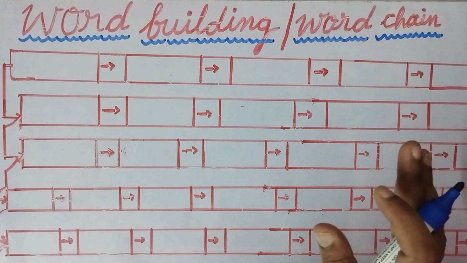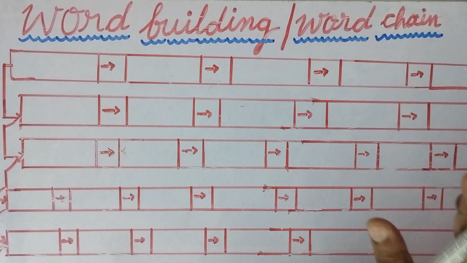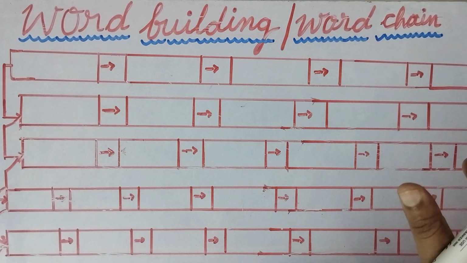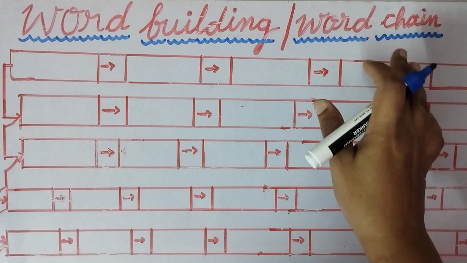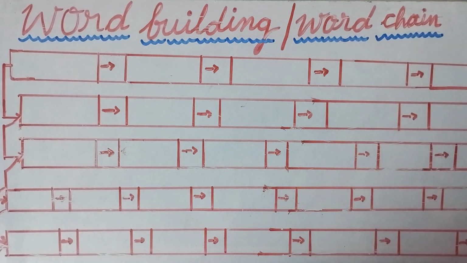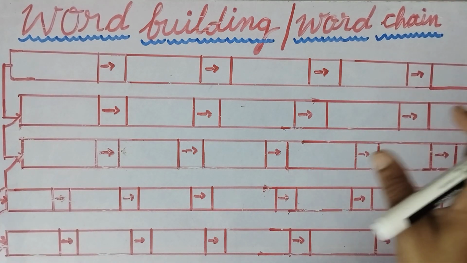With this game, children learn so many words with spellings, and it increases their vocabulary and improves their spelling. This word chain we also call the word train. So how can we write this word chain?